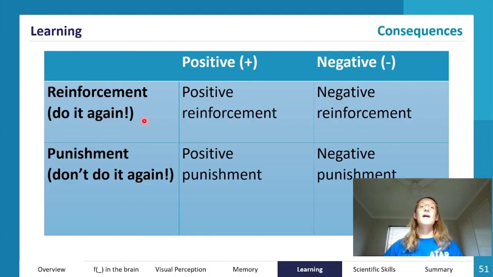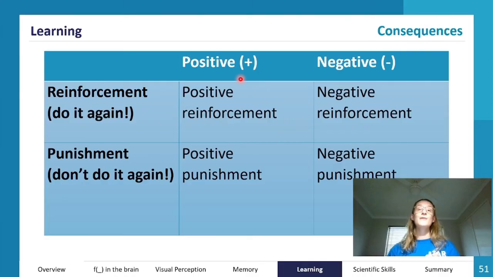So let's look at positive reinforcement. With reinforcement, we want to increase the likelihood of a behavior. Yes, do it again. That is a good thing. So with positive reinforcement, we're thinking, what could we add to reinforce a behavior? A positive reinforcer would be something like a reward that strengthens the response by providing a pleasant or satisfying consequence.